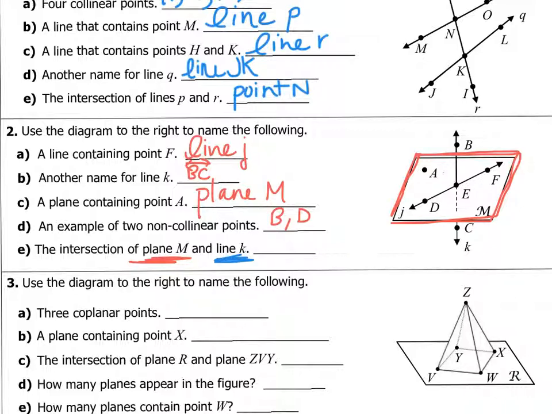So here's line K. So this is a line coming out from underneath, and this dotted version refers to it's behind the plane. So it looks like the intersection, where do those intersect? Right here at point E.